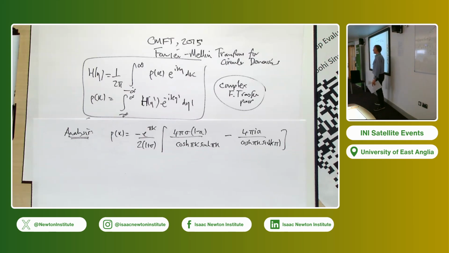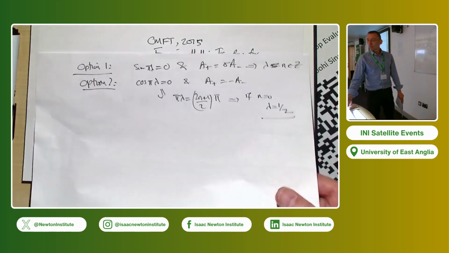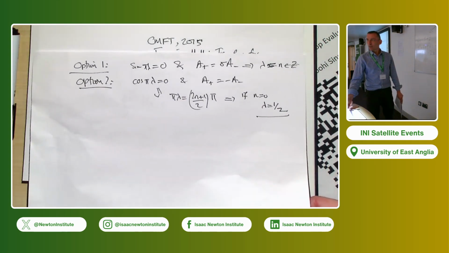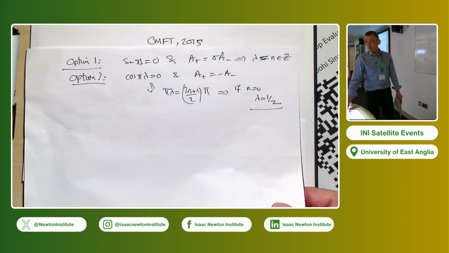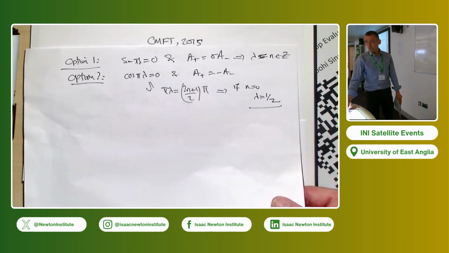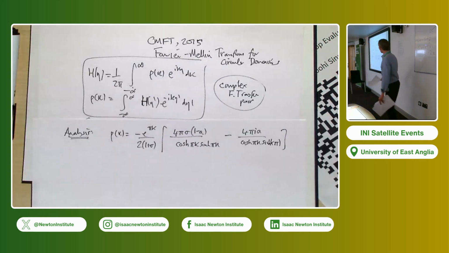Both of these terms have cosh pi k, sinh pi k. Ring any bells? That's sine pi lambda, cosine pi lambda. But notice I've got an ik times eta, and e to the eta.